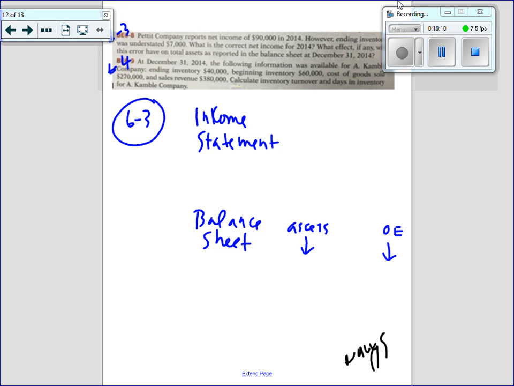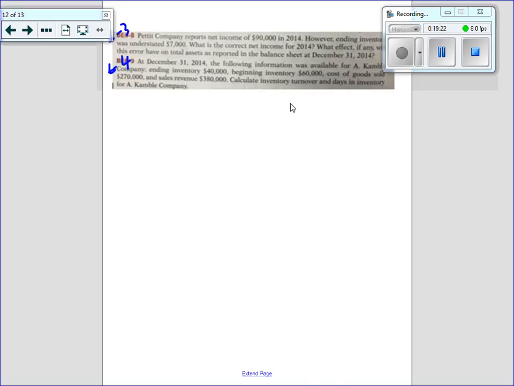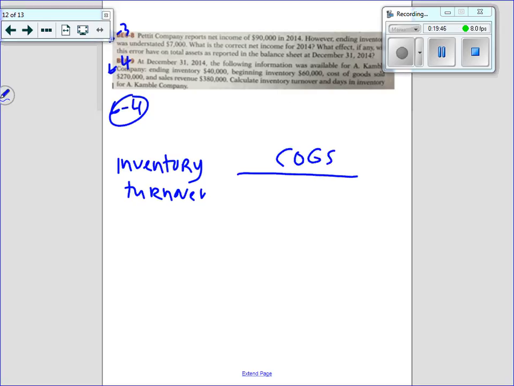Now let's do 6.4. 6.4 is what we just came off of. We have to do two ratios. We have to do the inventory turnover ratio, which is COGS divided by average inventory.